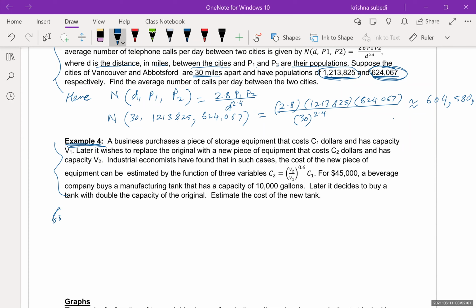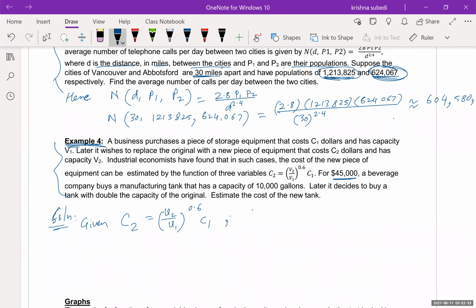Okay, so we are given a formula, which is C2 equals V2 over V1 raised to power 0.6 times C1. And also given is $45,000.